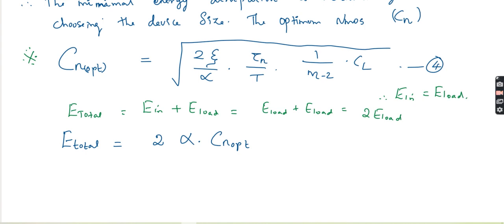Instead of E load, sorry, here I will write E in only. So 2 times E in. I'll write in terms of E in: 2 alpha Cn OPT into VDD square. Consider this equation number 5.